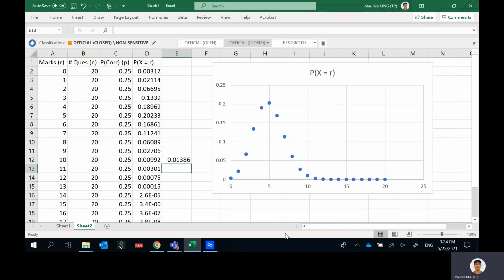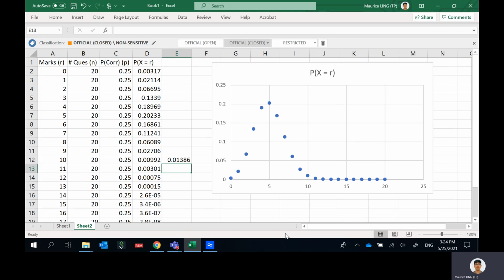So 1.4% that you will pass the test if you just pick your answer at random. Now this scatter plot.